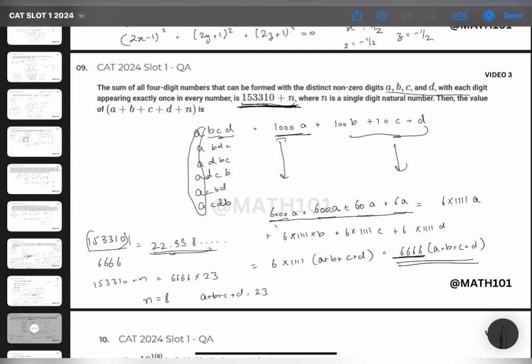So rounding it up to the next nearest integer, we get that A plus B plus C plus D should indeed be 23. If it is 24, then n would not be a single digit number. So the answer is A plus B plus C plus D plus n, which is 23 plus 8, 31.